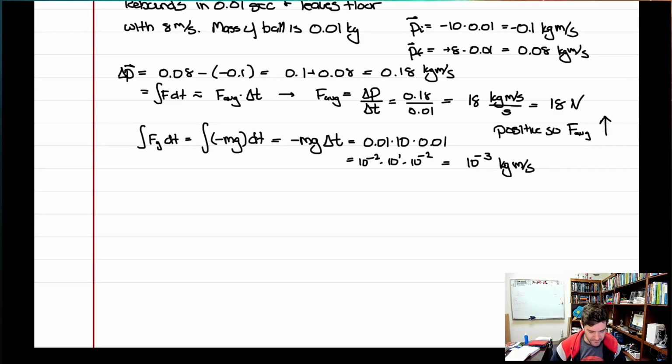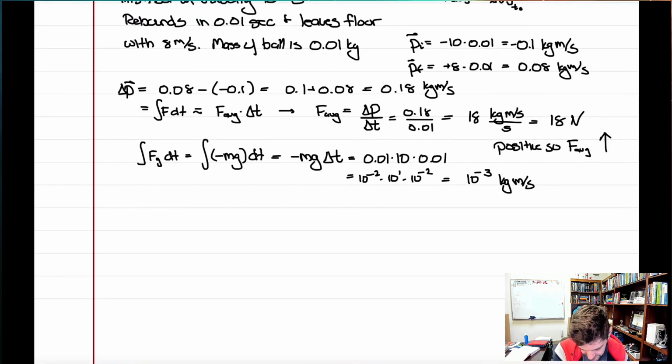That's how much the momentum changed from gravity during this interaction. And look, it is very small compared to the 0.18 kilogram meters per second that the momentum was changed by the floor. So in this case, gravity did not do very much during that brief period of interaction. Really, it was the floor doing everything.